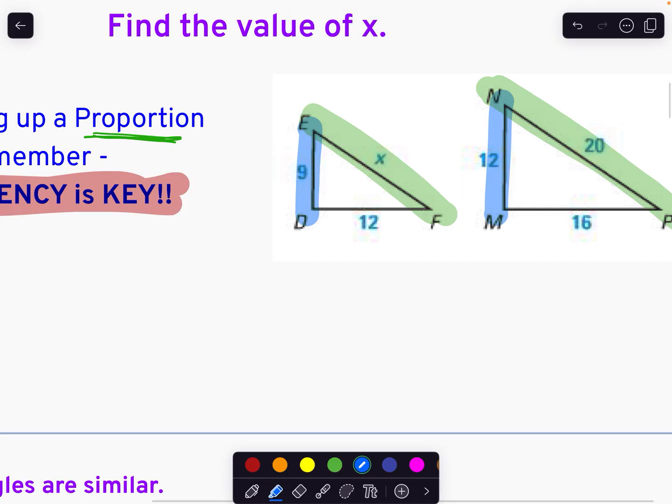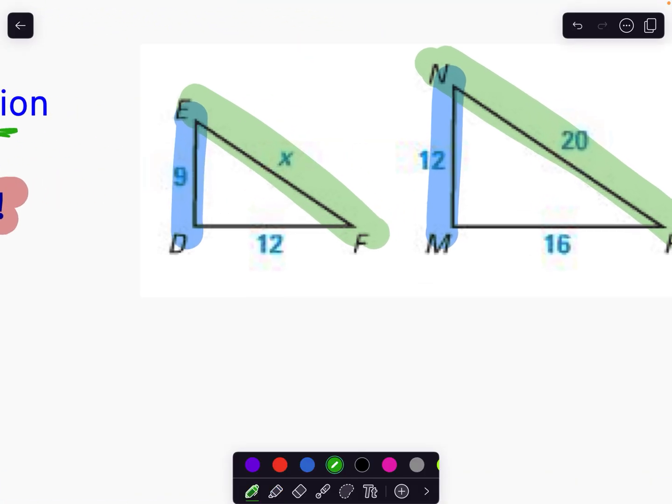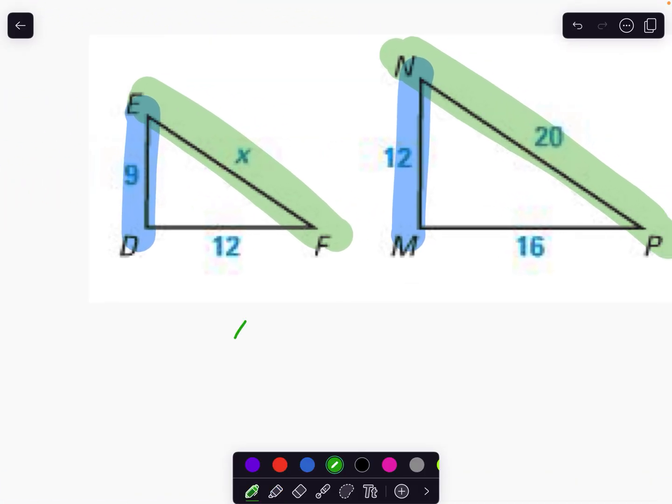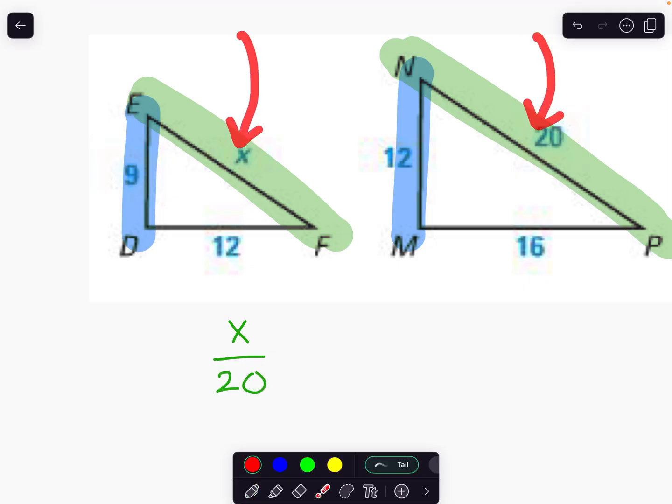So when it says consistency is key, this is what it means. If I do x over 20, right? That's this over this. I did small over large. Small over large, right? So that's this right here. So I need to do small over large for my second one.